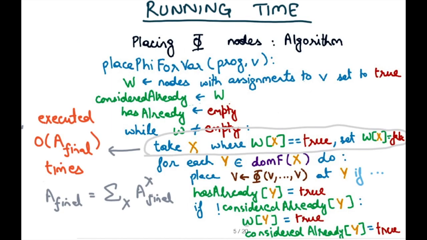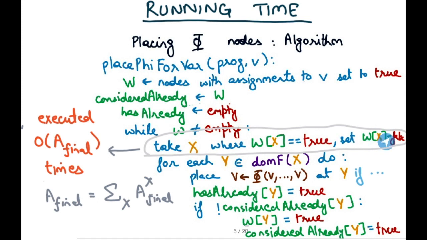So if I want to analyze the running time of my algorithm, notice that this statement here, which is take X from W, X equals true, is executed for every node X where there exists an assignment to a variable V. And the number of assignments to a variable V changes as the program executes.